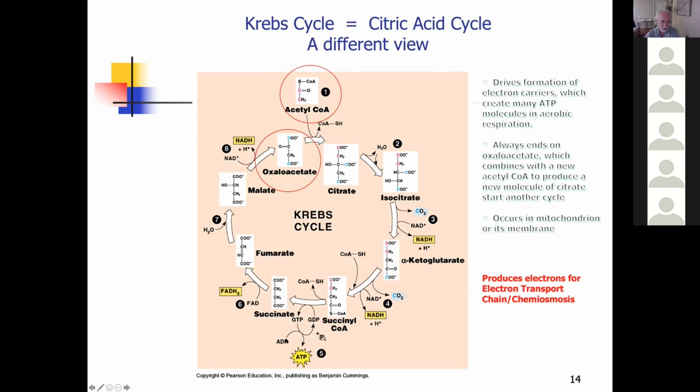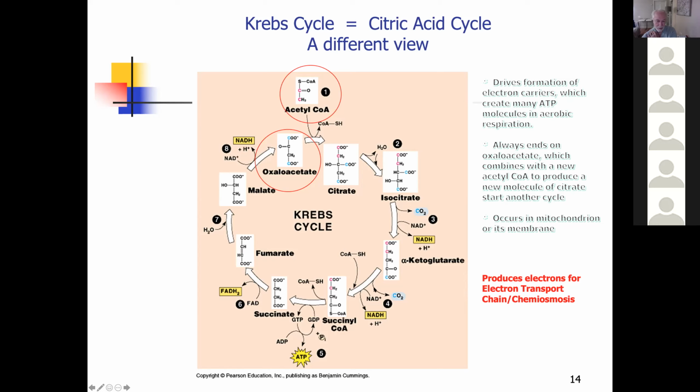So this is the only place in the Krebs cycle that ATP is generated. Then it goes on, more reducing power is generated, FADH2. And finally, you're back to oxaloacetate, which can combine with acetyl-CoA to make citrate, and the Krebs cycle starts all over again.